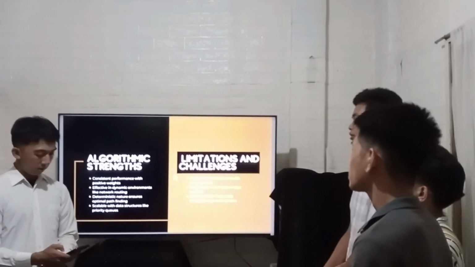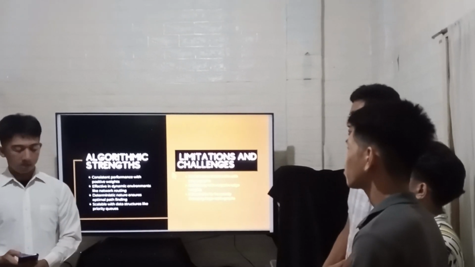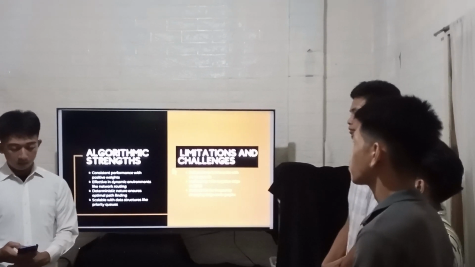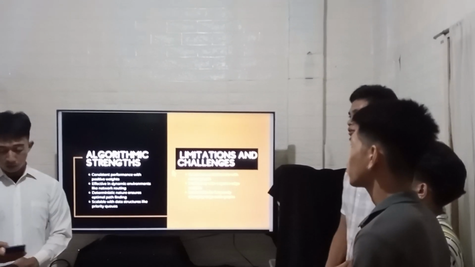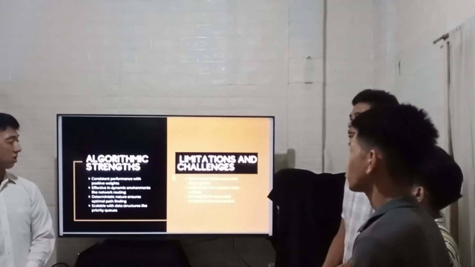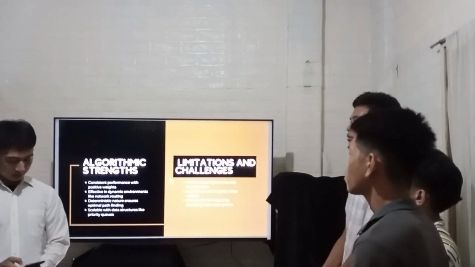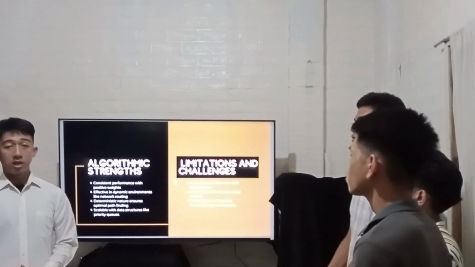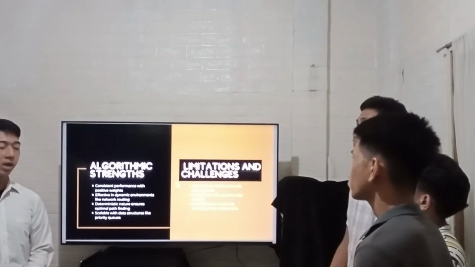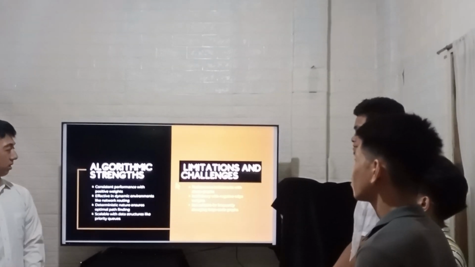The algorithm's deterministic nature ensures that it always finds the shortest path. Additionally, it scales well when used with data structures like priority queues, allowing it to handle larger datasets efficiently.